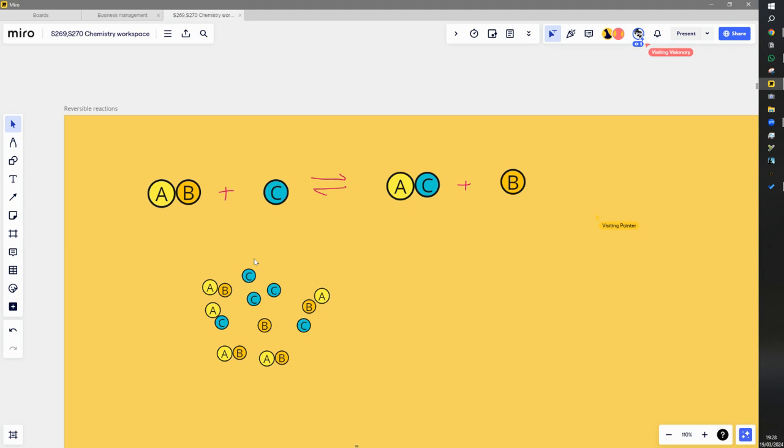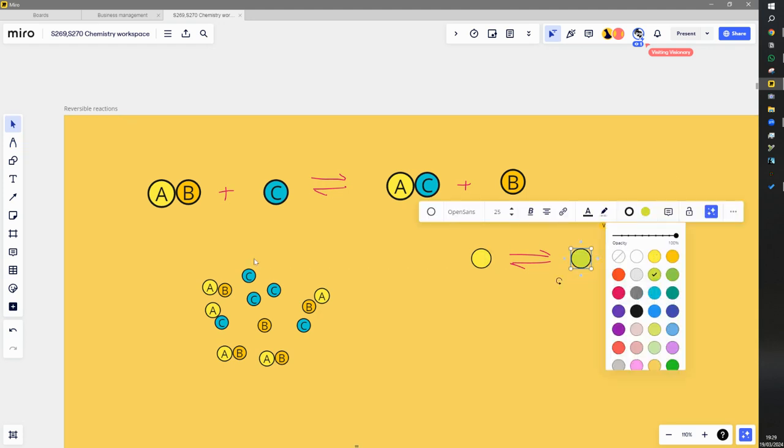So maybe we could represent this even more simply by just going, that becomes this. I'll just get a different color.